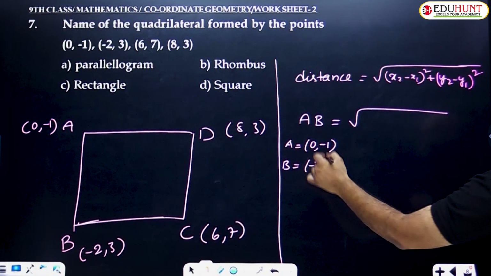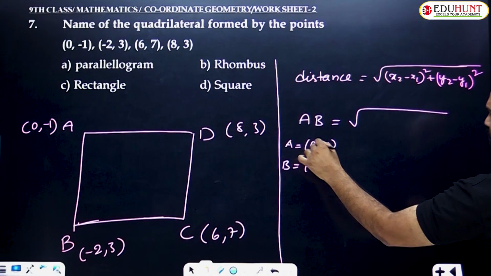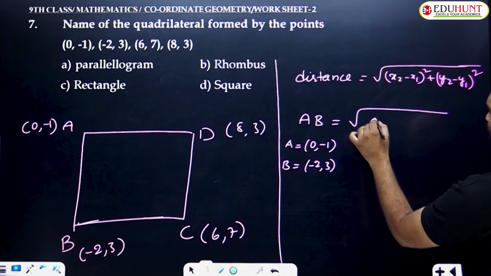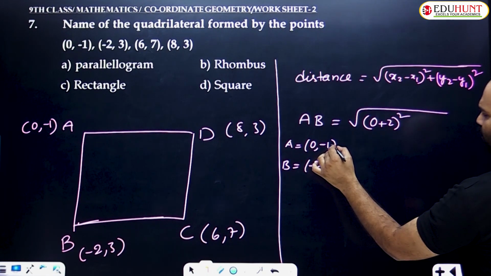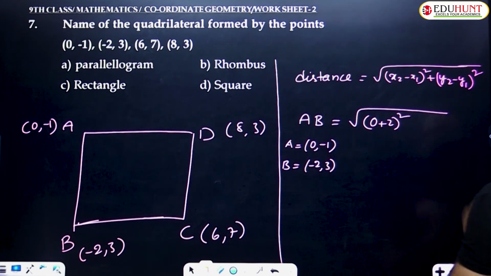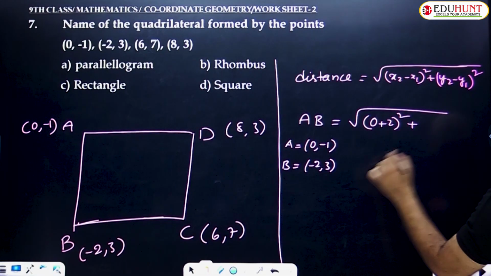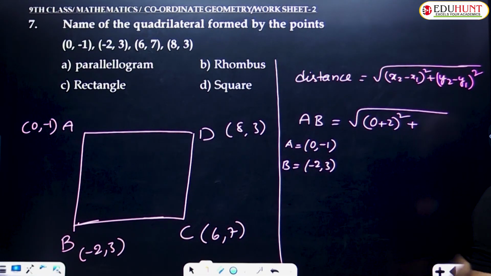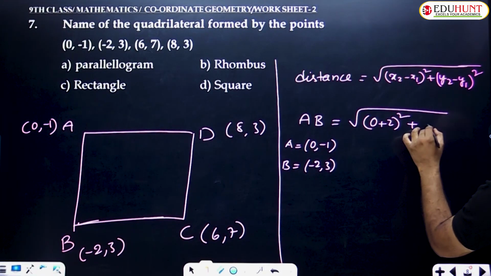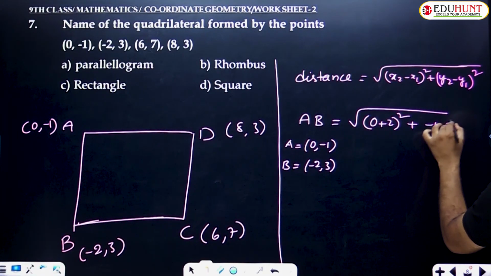So x2 minus x1: here I am taking x2 as 0 and x1 as -2, so 0 minus (-2), that is plus 2, whole square, plus y2 minus y1, -1 minus 3, whole square.